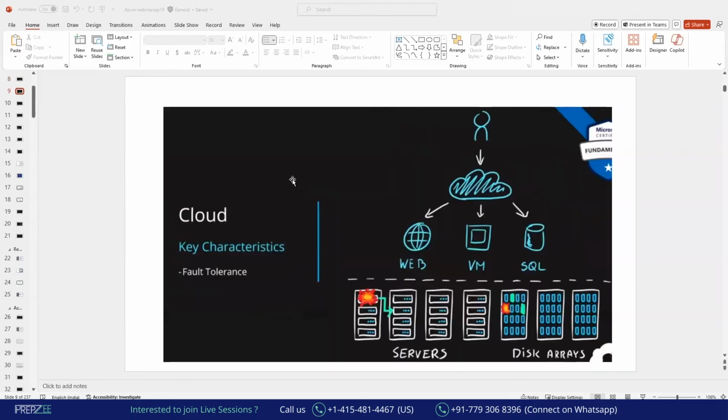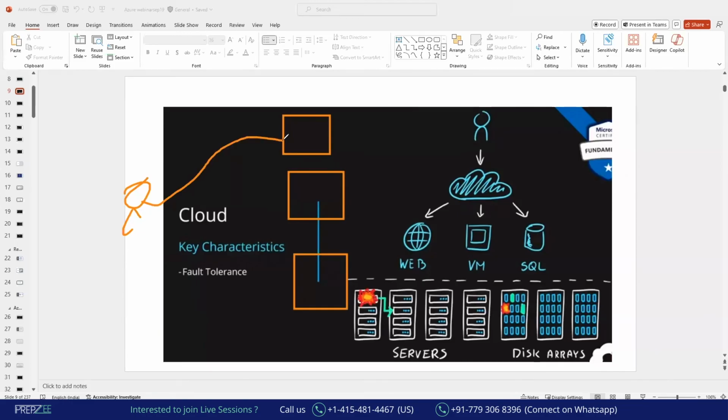The third concept you need to understand is fault tolerance, which is very, very important. And that's the only reason why people prefer cloud computing. So you have machines, and let's say users are trying to access them. Now you are trying to access this machine, but some faulty error has happened, and you cannot access this machine.